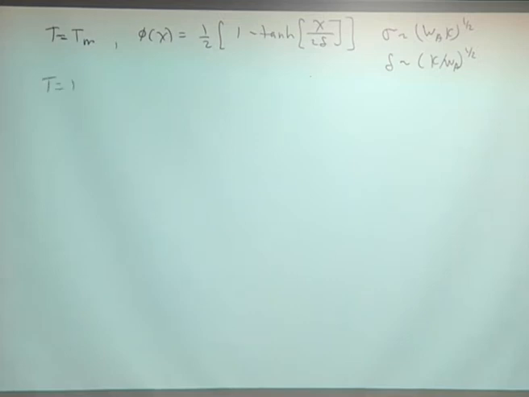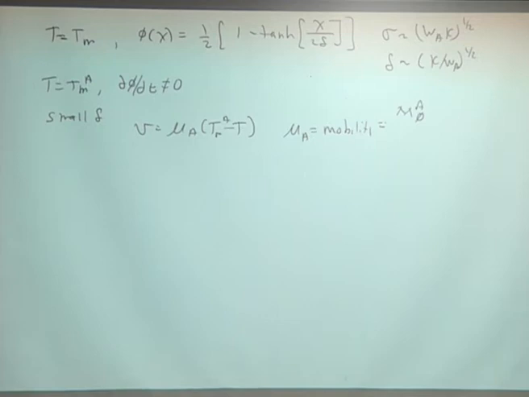So if T is not equal to Tm, delta not equal to 0, and in the limit of small delta, small interface thickness, you can show that this looks like Tm minus T, where mu A is the so-called mobility, and that's given by M. Tm.